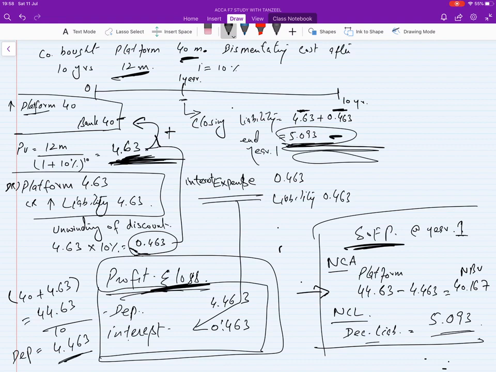So we have completed the whole of IAS 16. It is best if you practice for this standard. It's very important, and the examiner will ask questions on this every time.